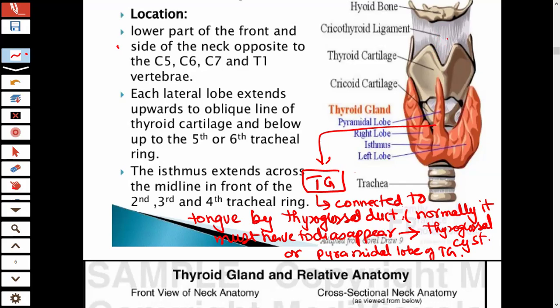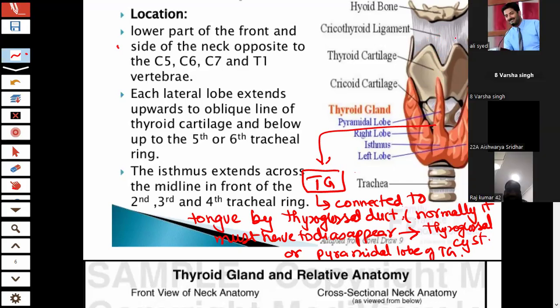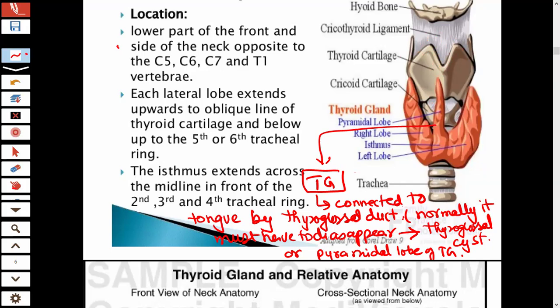It is developing in the primitive pharynx, and then it is going to descend into the neck region. So when it is going to descend into the neck region, it is connected to the tongue by thyroglossal duct. When it is connected to the tongue by thyroglossal duct, normally after the birth it must disappear. But if it is not going to disappear, it can persist as a thyroglossal cyst, or it can persist as a pyramidal lobe of the thyroid gland.